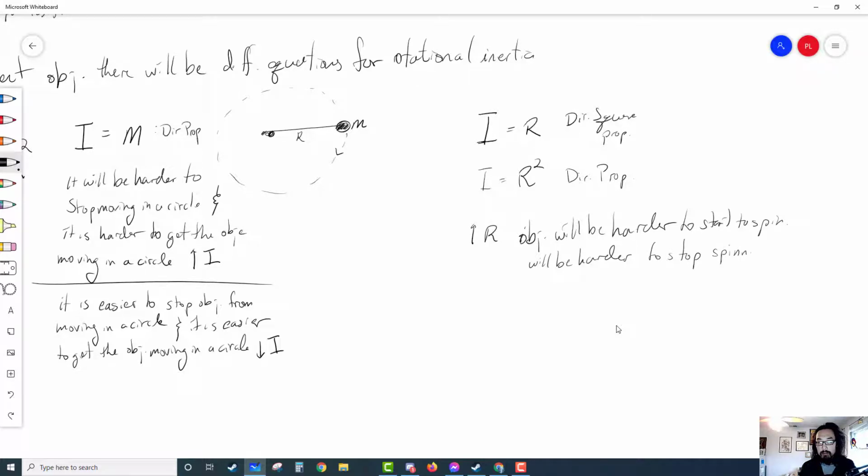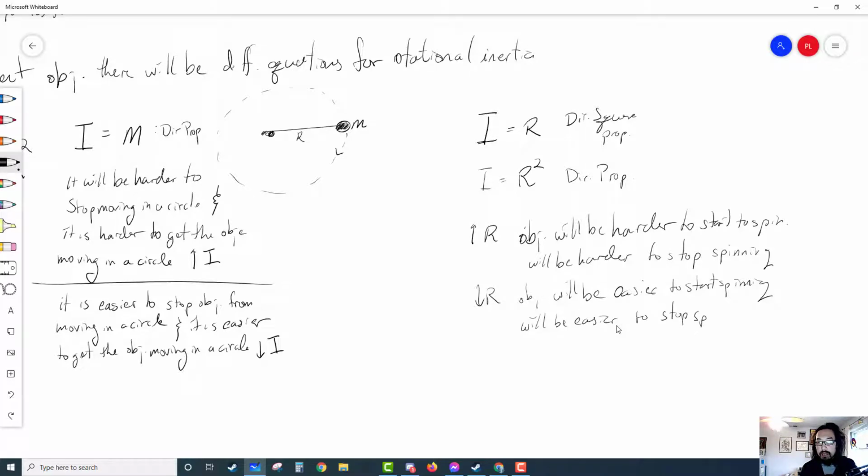And the inverse is true. If the radius is smaller, the object will be easier to start spinning, and it will be easier to stop spinning.